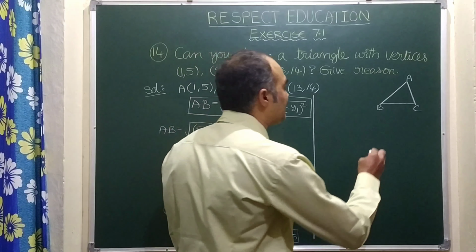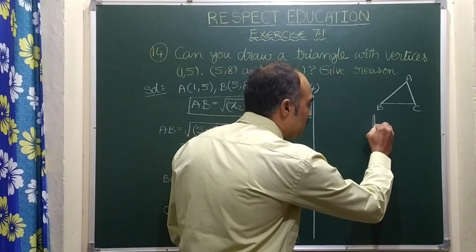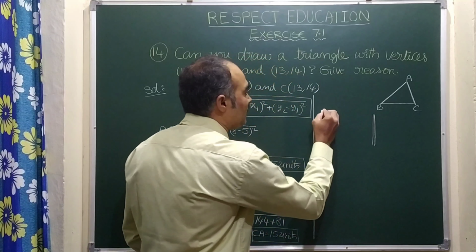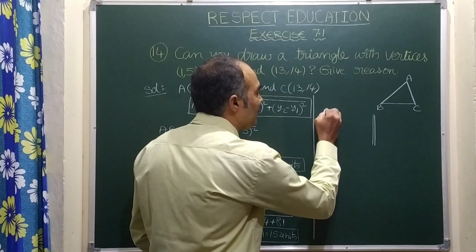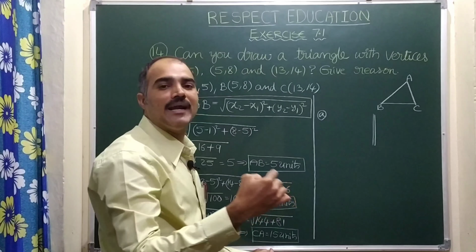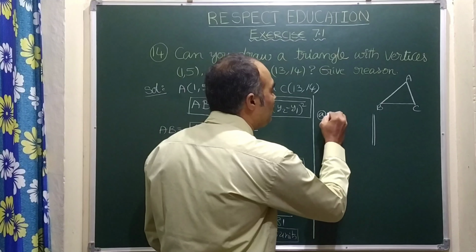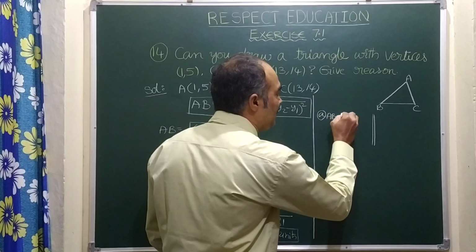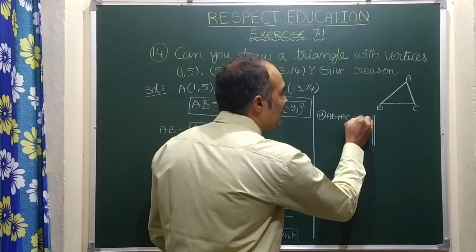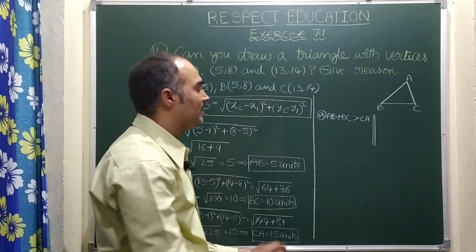Those 6 cases can be divided into 2 subcases. In the first one, you need to check that the sum of any 2 sides should be greater than the third side. Here, the sum of any 2 means AB plus BC should be greater than CA. This is the first subcase.